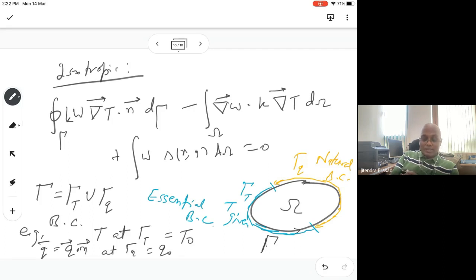So this kind of boundary condition will be given. Accordingly, you have to work with it.